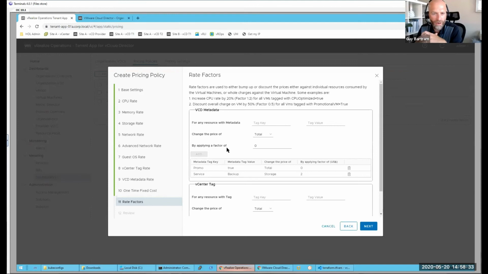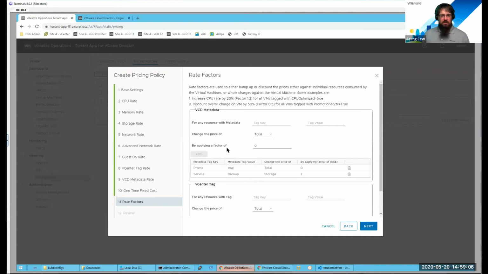Understood. So this will work on any of the metadata that you've got in VCD or vCenter. Yeah, it's very generic, and you need to think about the backend logic to translate the actual service or the actual addition that you want to charge for, and how you model that in the metadata, and then how to set these metadata or tags in an automatic fashion, and then you can model it in the pricing policy.